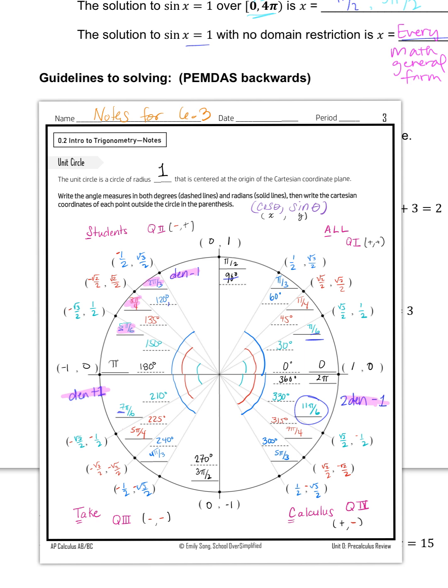Also remember we have All Students Take Calculus. That first letter tells you what is positive. So in the first quadrant, everything is positive. In the second quadrant, sine, but also cosecant, is positive. In the third quadrant, tangent and cotangent, so the reciprocals of those will always be that as well, is positive.